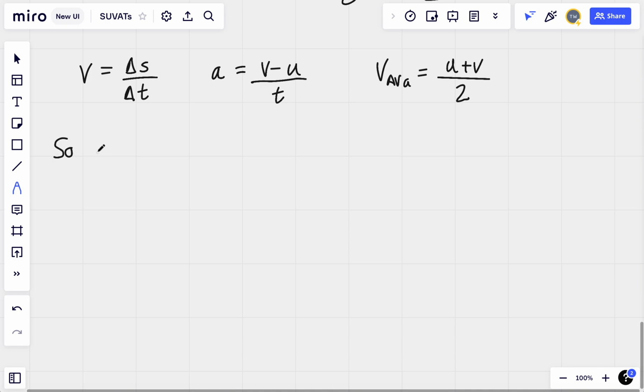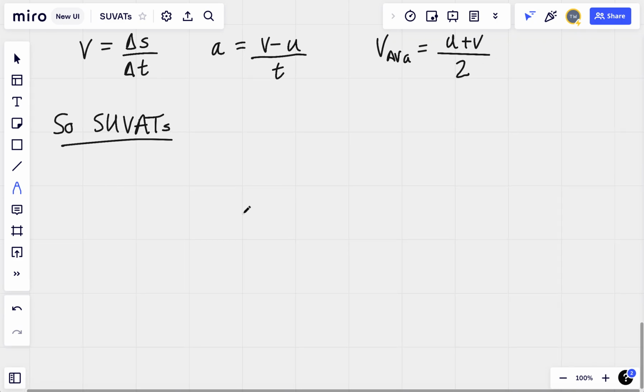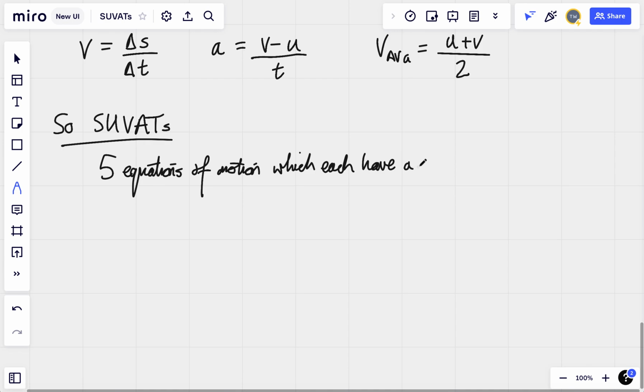Okay, so SUVATs. You may have heard of SUVATs before, you may well have done them before. I know that my physics class are quite used to these already, but there's no reason not to practice them and make sure you're happy. Essentially, SUVATs are 5 equations of motion which each have a different variable missing.